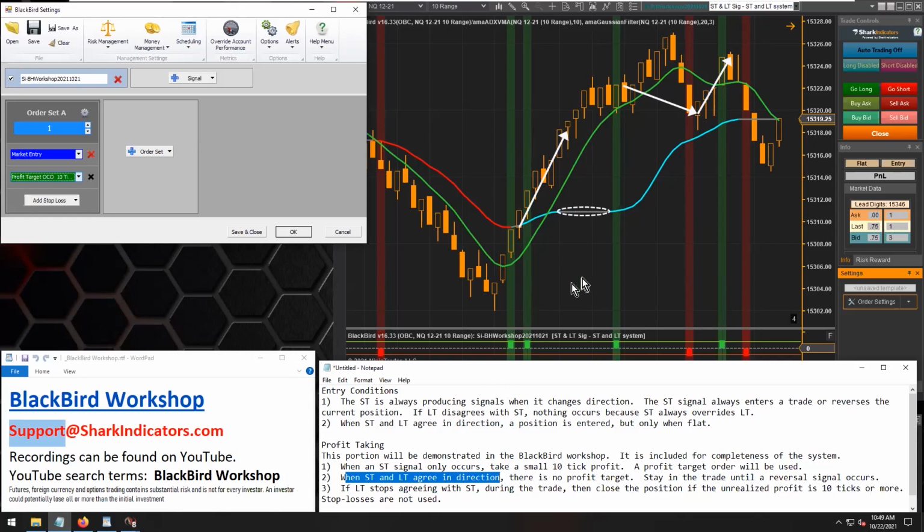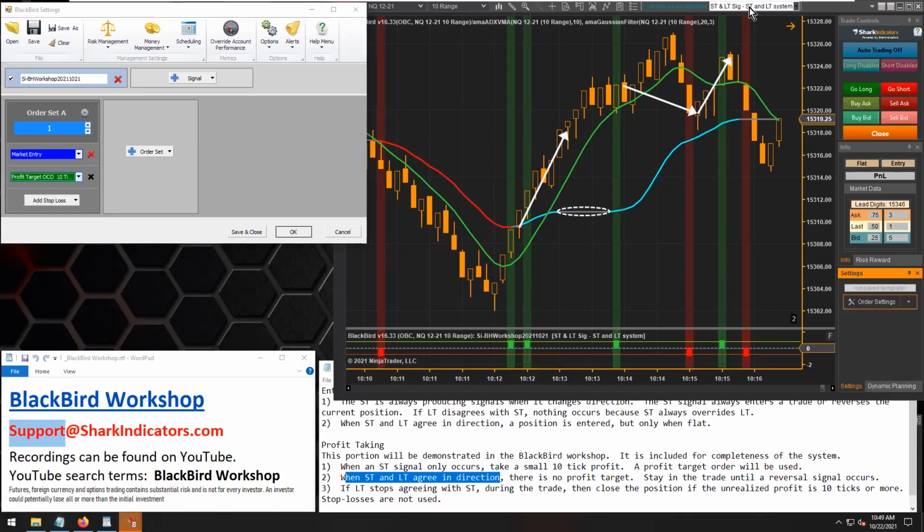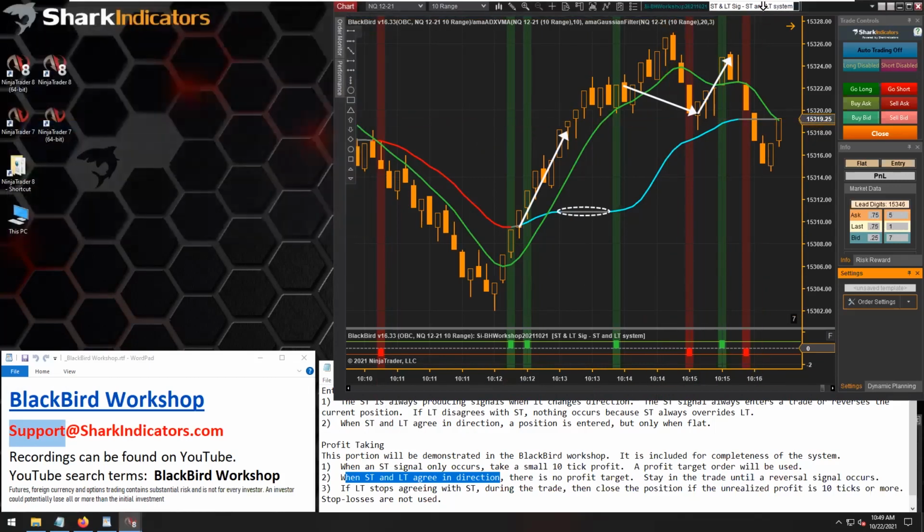And to do that, and I've got to close the interface here, that is what this other logic template is for. It says short-term and long-term agree.